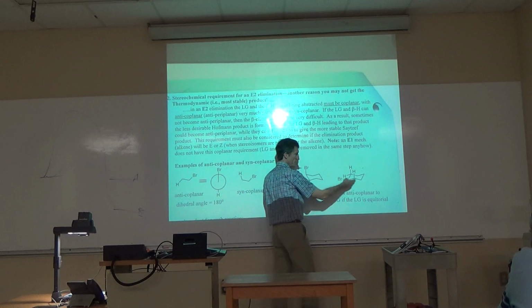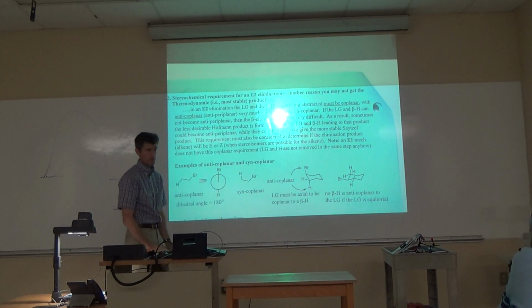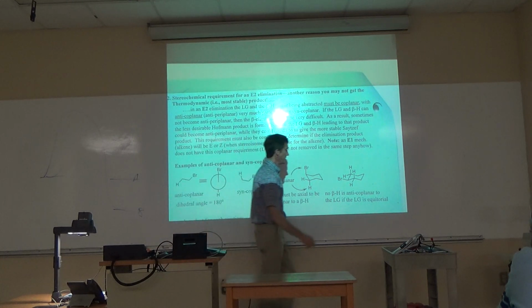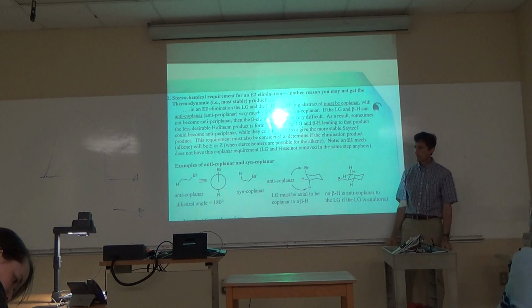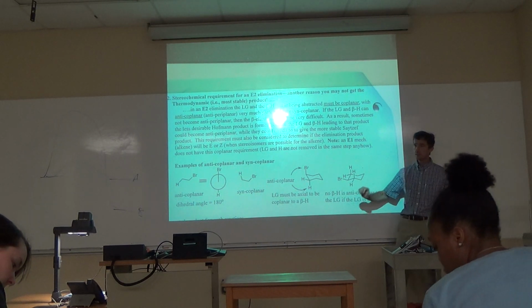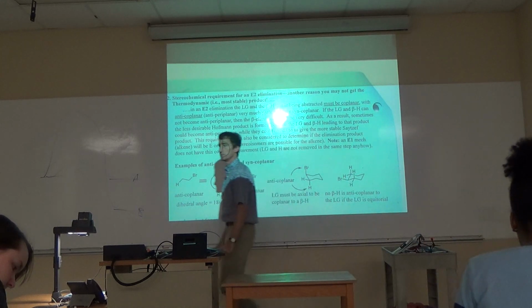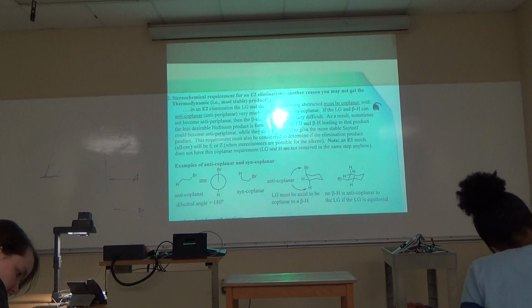When the leaving group is equatorial, none of the beta hydrogens can be coplanar. Thus, when the elimination takes place, the bromine has to be what? Axial or equatorial? It has to be axial. If it's equatorial, it cannot eliminate because none of the H's are coplanar, especially anti-coplanar.